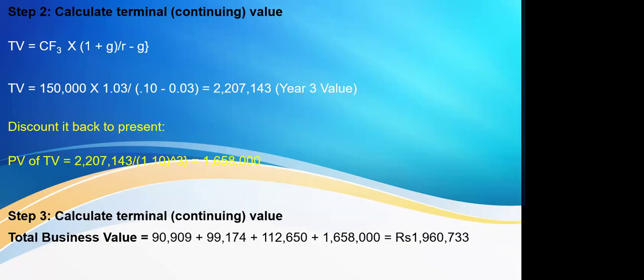Again, that value you have to divide by 1.10 to the power 3 to find out today's value. If you have a constant cash flow, it means it doesn't change, always 150,000 forever. You just divide 150,000 by the denominator R, only 10%. 10% means 0.10, so you will get 1.5 million.